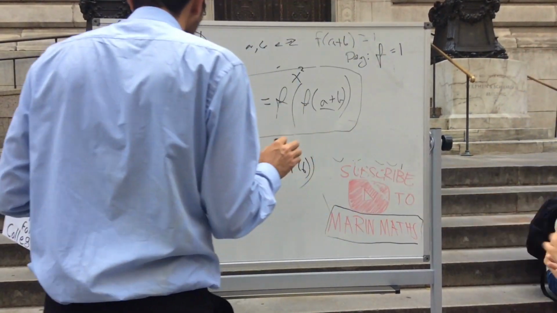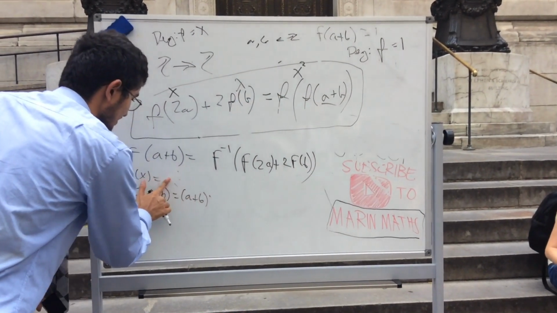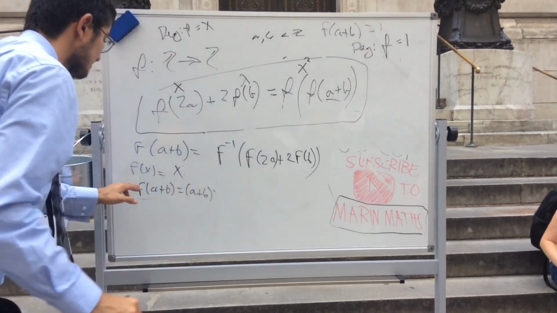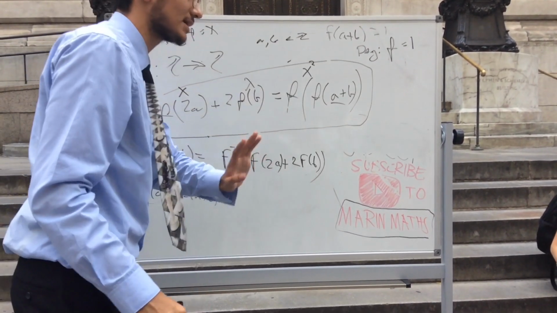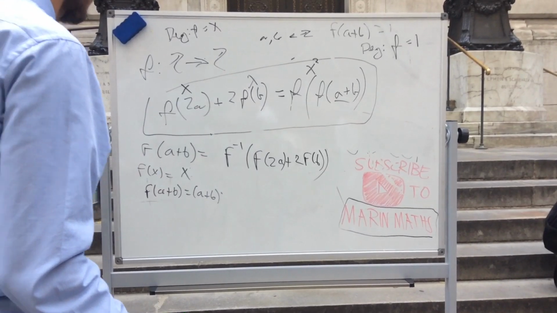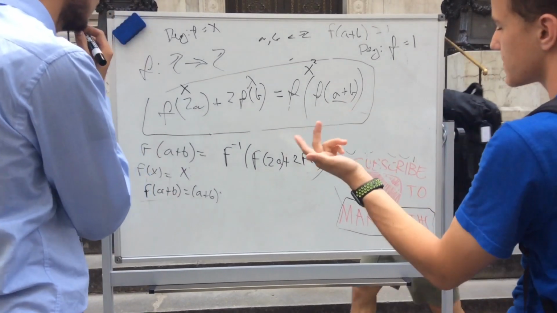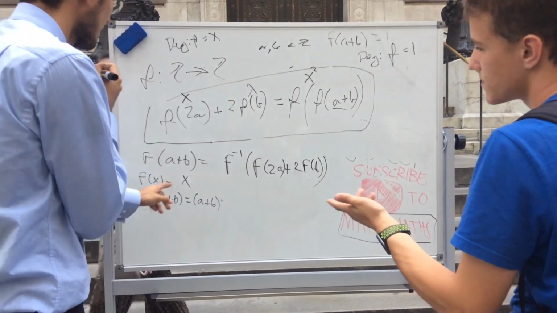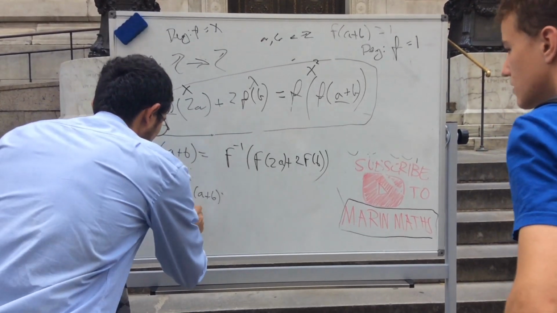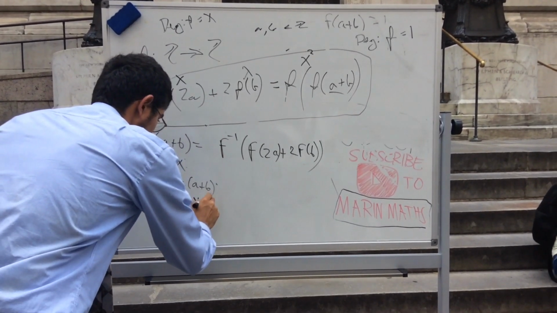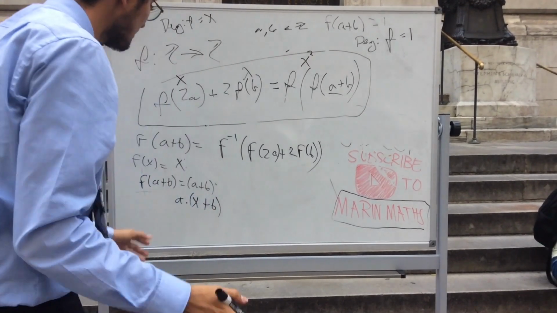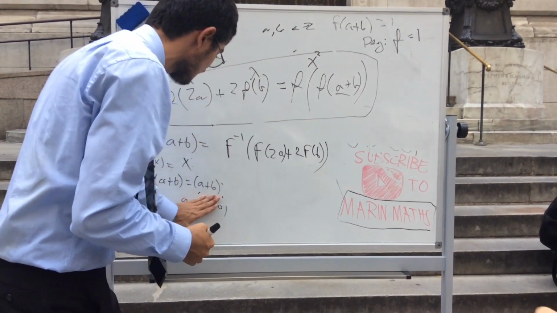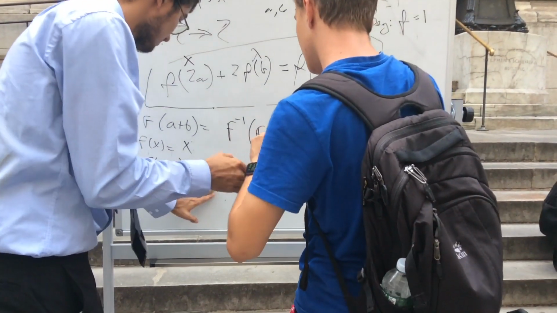So how about we just try x? F of x equals x. We do that. F of a plus b equals a plus b. Okay, so maybe a times x plus b. Some linear function, a times x plus b. Maybe it could be a linear function.